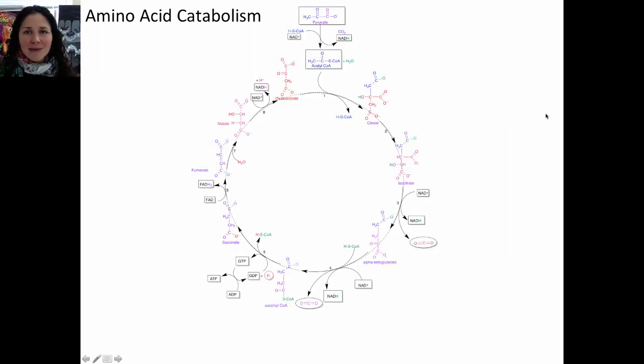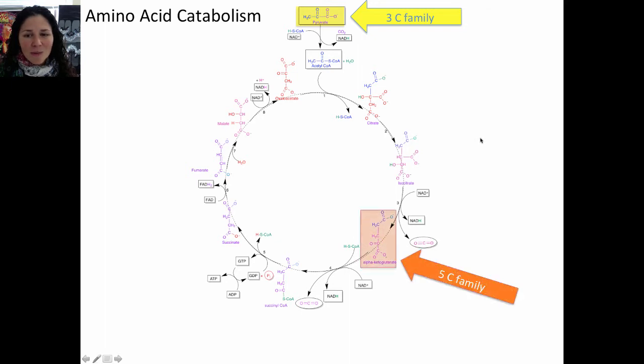The amino acids can be converted into keto acids, which then can be converted into one of the intermediates along this pathway. If the amino acid is part of a 3-carbon family, it can be converted into the 3-carbon molecule pyruvate. There are other places along this cycle where amino acids can enter depending on how many carbons are in their intermediates.